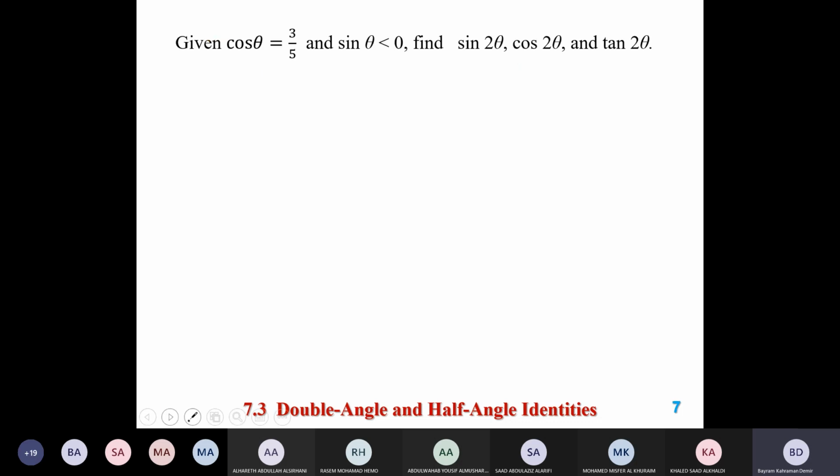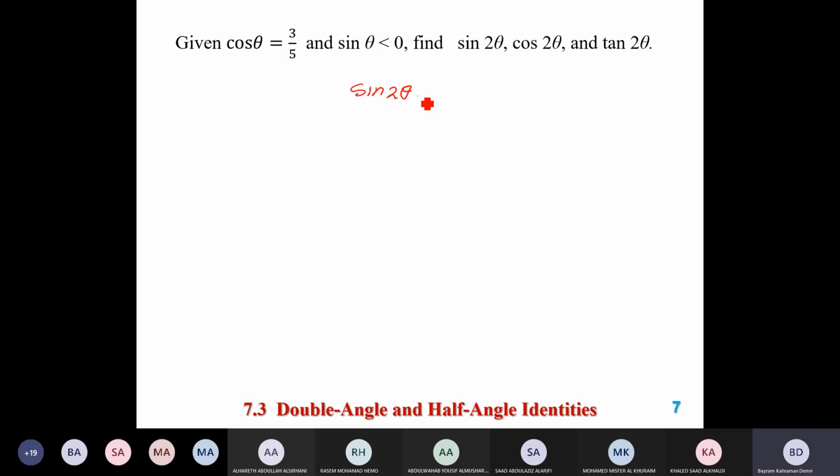Okay, let's see if we have practice. If I give you cosine of theta, how do we calculate sine of 2 theta, cosine of 2 theta, and tangent of 2 theta? Let's see how we calculate sine of 2 theta, everybody.